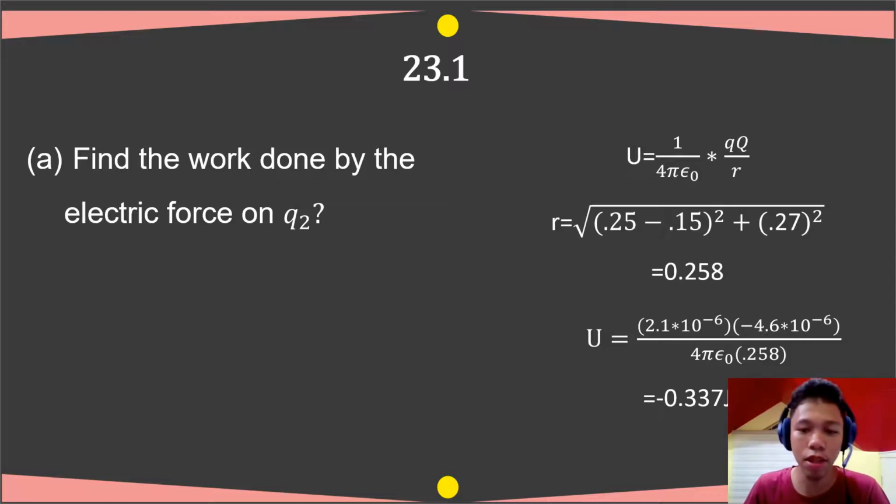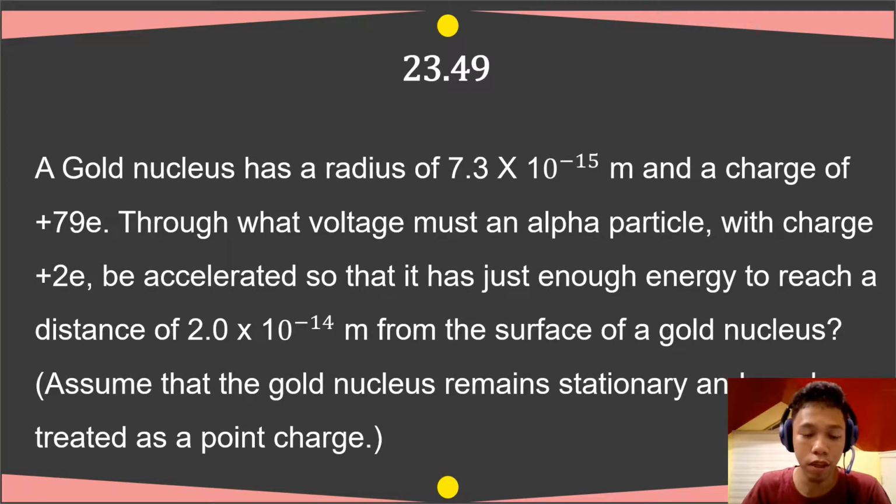In order to get R, we're just going to subtract the x components, which is 0.25 minus 0.15, and then put it in the Pythagorean theorem to get the magnitude of the distance. You're going to get 0.258, and you just substitute, and you're going to get negative 0.337 joules.